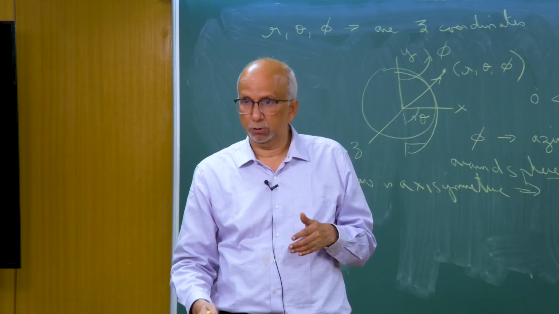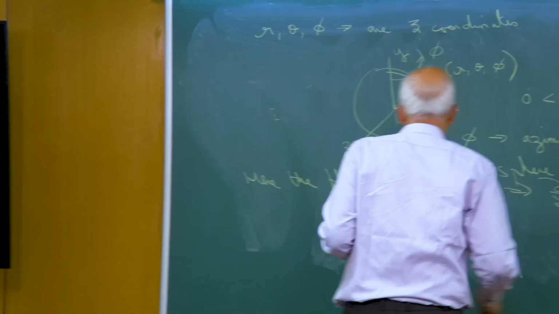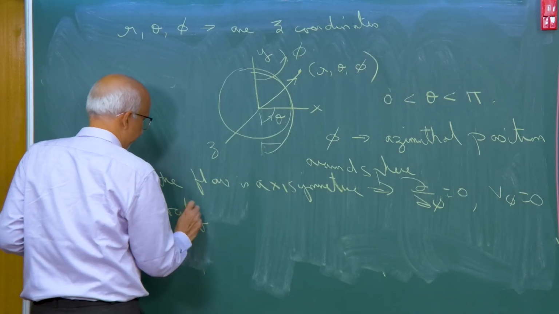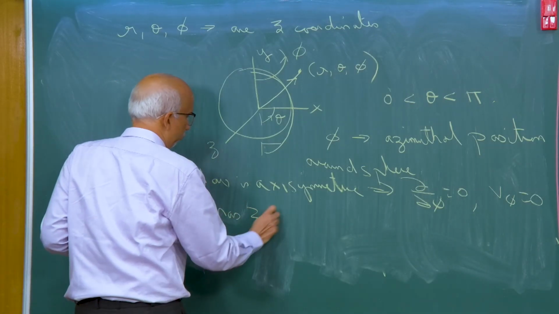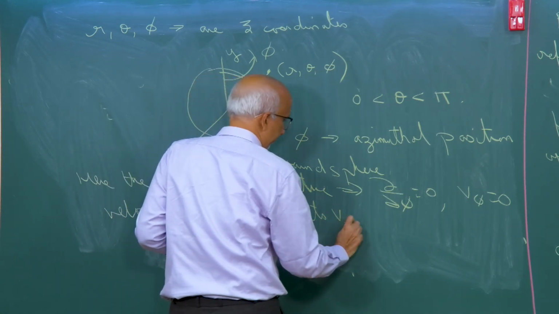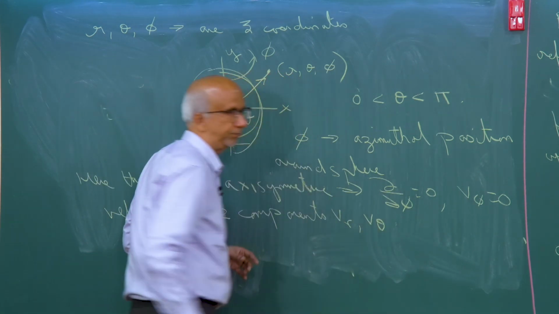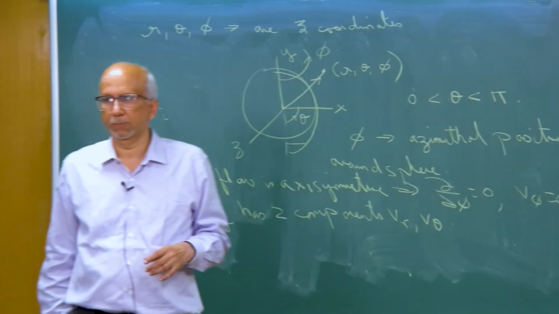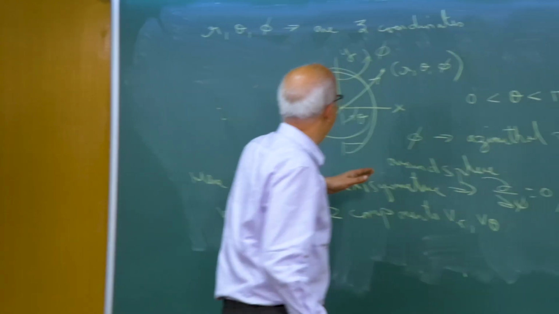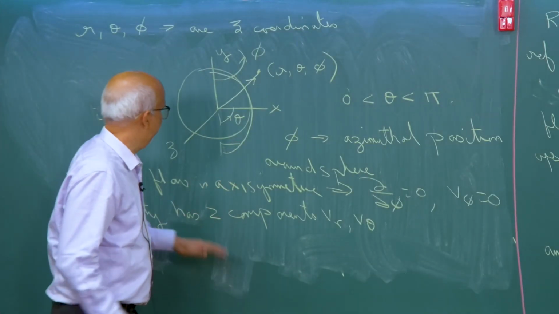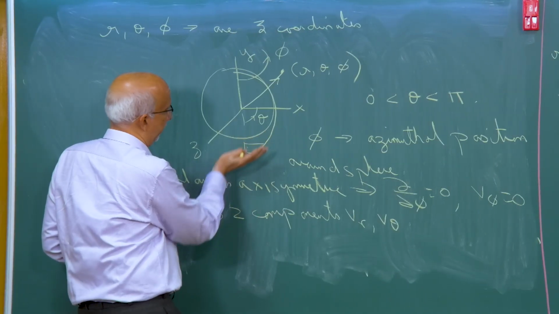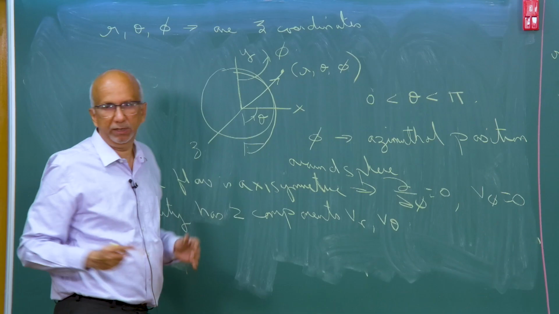So basically the problem we have is the velocity has 2 components, Vr and V theta. It makes sense, right? The liquid is coming, let us say, from the bottom. When it comes closer to the sphere, it is going to slow down.